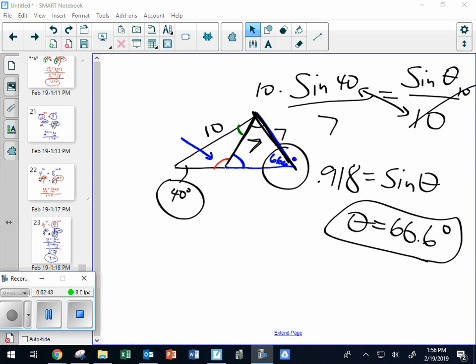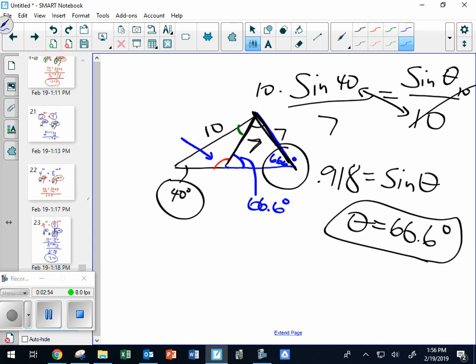Okay, so if this one's 66, how many of you caught on pretty quickly that the blue one has to be 66.6 also? Raise your hand if you had that one right. Awesome. Then I'm going to take 180 minus that. And I get 113.4 for the red angle. Correct me if I'm wrong, because I could be, but I don't think I am.